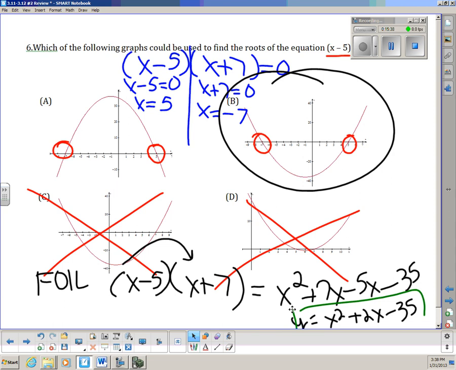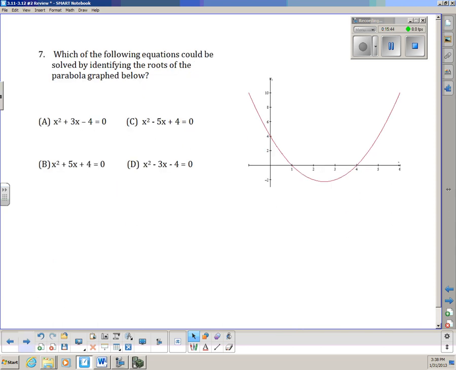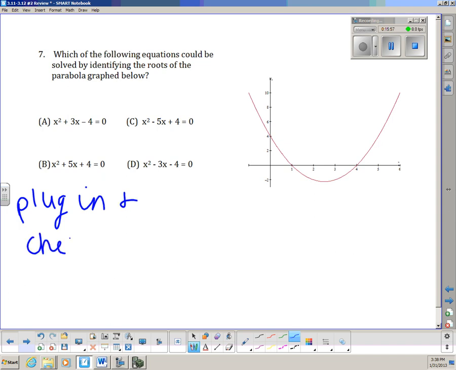Okay, last but not least. All right, which of the following equations could be solved by identifying the roots shown? So here's kind of where the working backwards game is. You could plug in every single one of these equations and look at the graph to see which one matches. Or what you could do is say, this root is x equals 1.